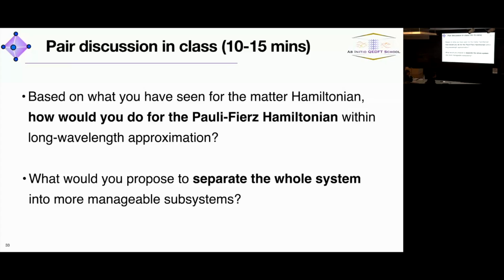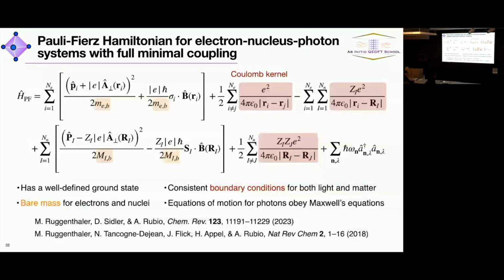And naively, I would think the coupling will come from the minimal coupling. I will expand the P plus EA term. The P square will belong to the matter Hamiltonian, and the A square will go to the light Hamiltonian, and then we normalize the effective mass maybe in the end. Then the light-matter interaction will be P times A for both the electron and the nucleus.